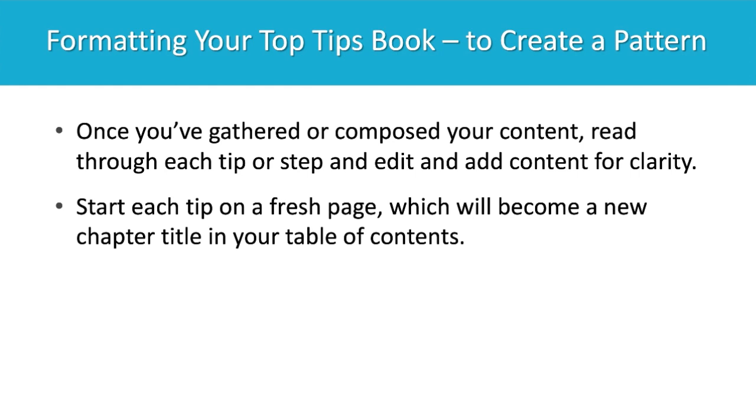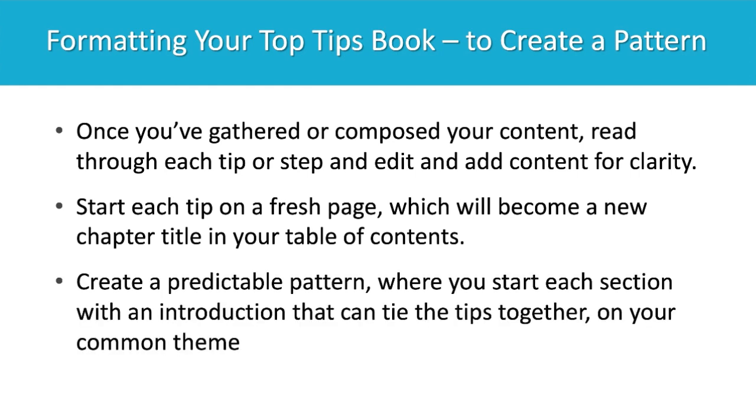And then what you want to do is start each tip on a fresh page, and that will become a new chapter title in your table of contents, making the content more accessible. And then you create that predictable pattern where you can start each section, each new chapter, if you will, with an introduction of a brief paragraph or a couple of sentences from you that can tie the tips together on your common theme.